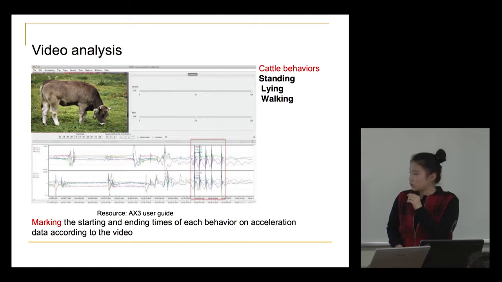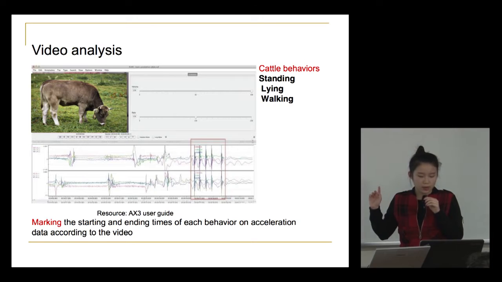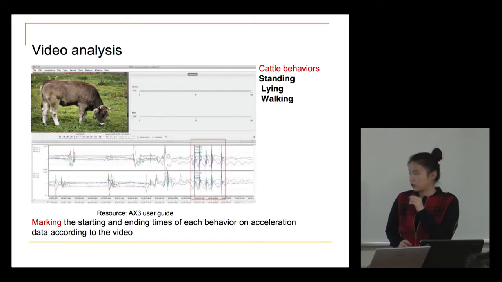In this step, when behaviors happen in the video, we mark the starting and ending time of the behavior on the acceleration data stream. After this step, we can get acceleration data marked for the different behaviors.